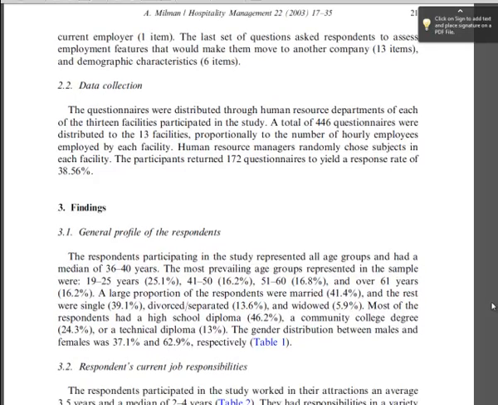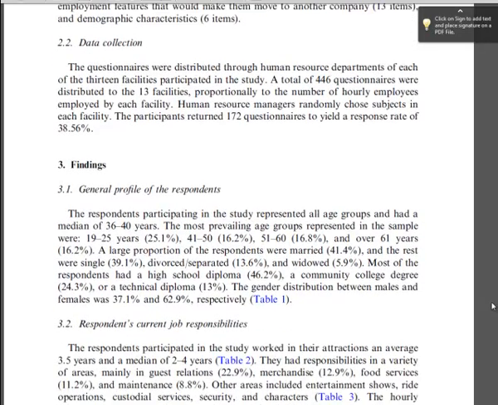So let's talk a little bit about some of the findings. One of the things that you do need to recognize, and this is from one of the previous chapters in your book, is that there are different types of research questions. Basically, there are demographic questions, there are relationship questions, and there are difference questions. Descriptive questions just do exactly what it says. They describe.